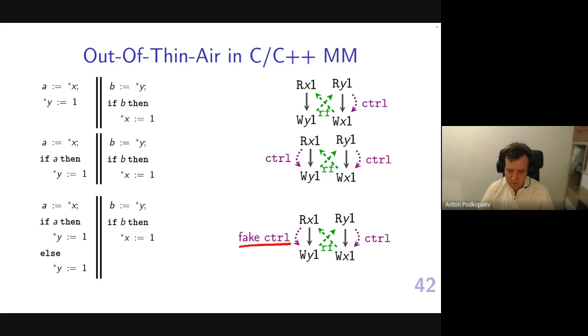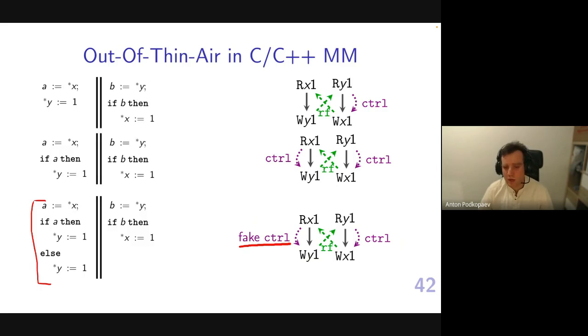And there is no really good definition of what is a fake dependency and what is not. For some examples, like this one, it's extremely clear how to say if it's a fake dependency or not. For others, it's more complicated.